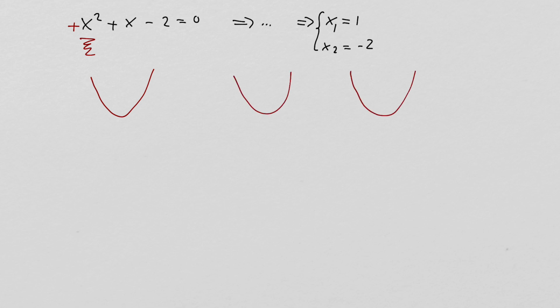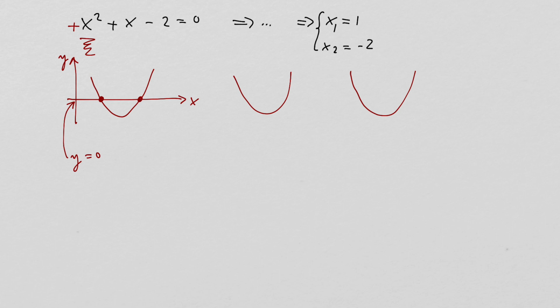First option is that the parabola meets the x-axis, that is the place in the y-axis where y is equal to 0. There can be 2 intersection points.